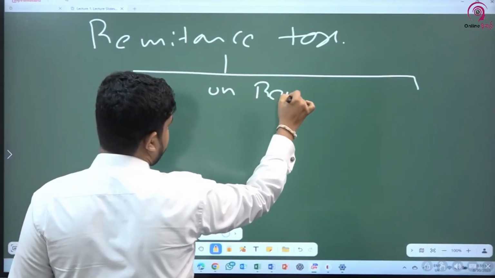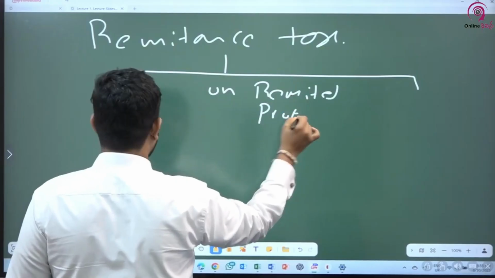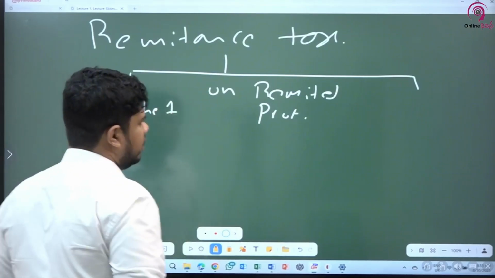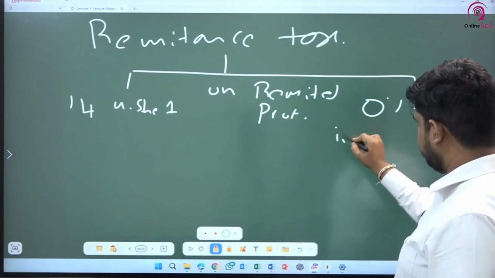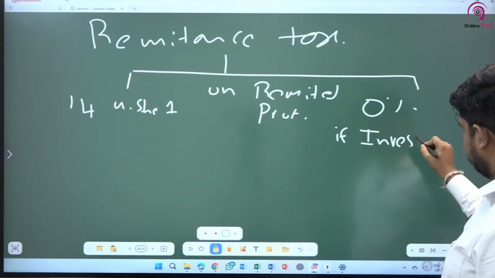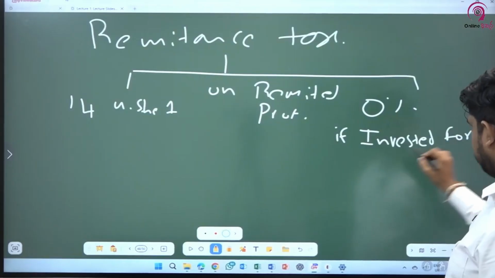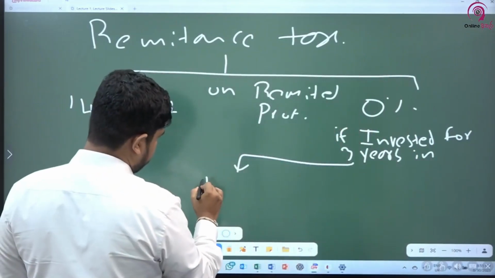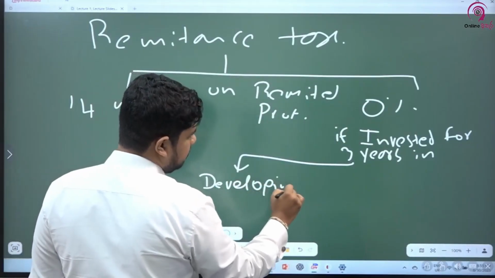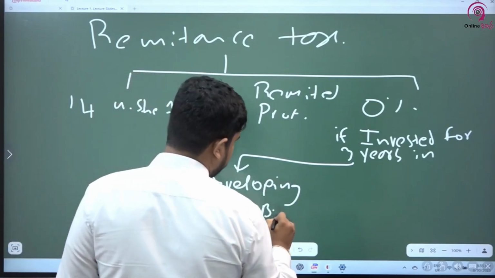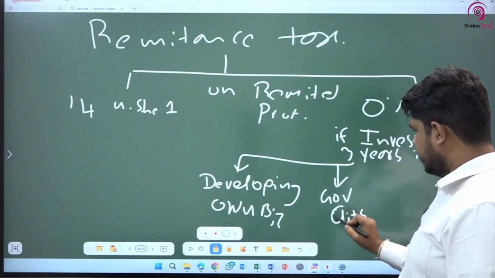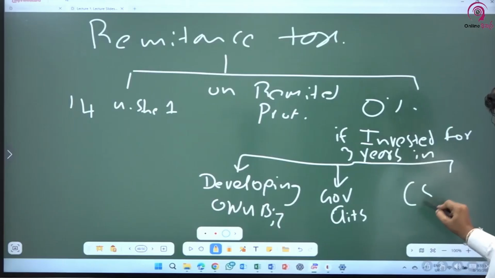On remitted profit, 14% under schedule 1, or 0% if invested for 3 years in developing own business, government bills, bonds, or CSE, Colombo Stock Exchange shares, right?